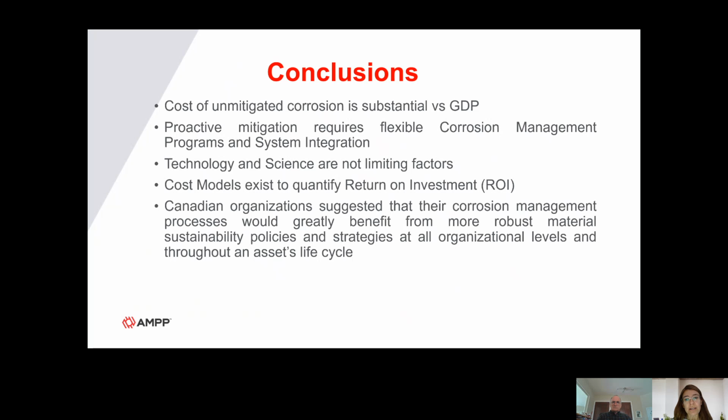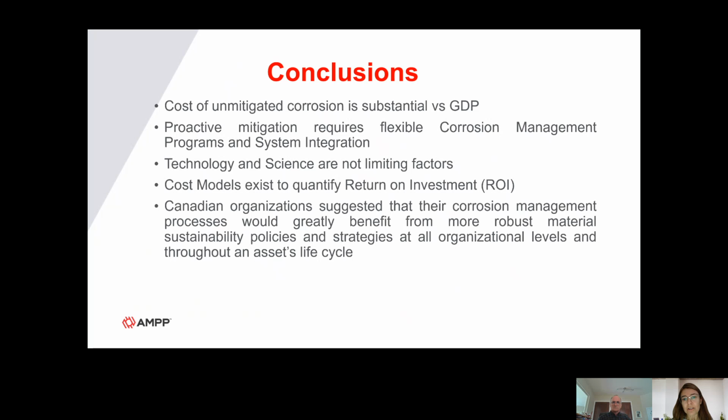Proactive mitigation requires flexible corrosion management programs. It needs to be adaptable. I think during the last 2 years, nothing else has shown us as a human race more than being flexible and adaptable with all the situations we have lived. This is no different. It needs to be flexible, adaptable. It requires systems and programs that are integrated.